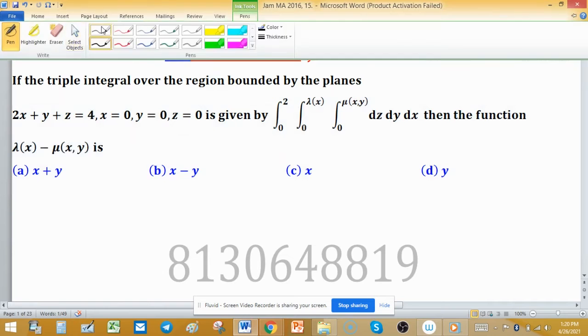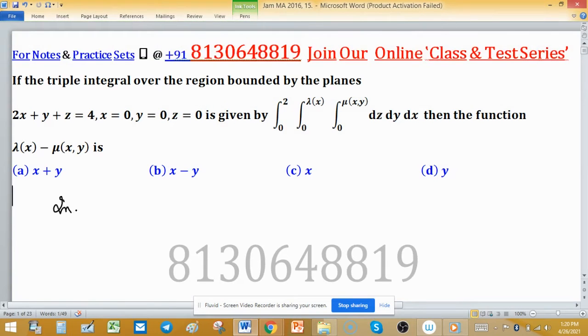So first, 2x plus y plus z is 4. You can write in terms of z: 4 minus 2x minus y, and this is a function of xy.